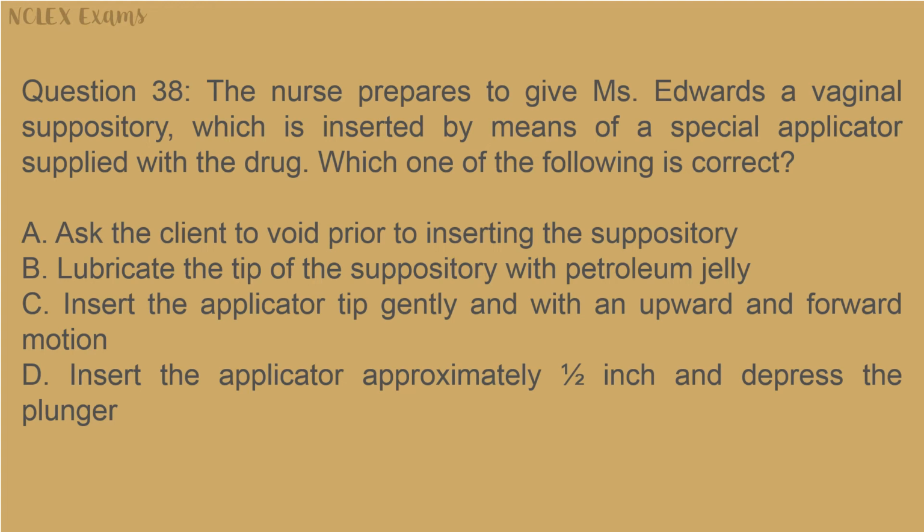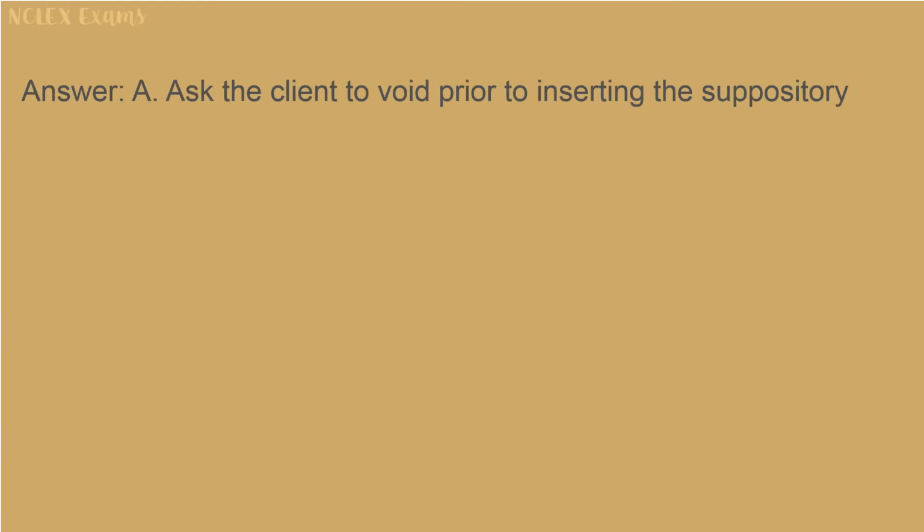C. Insert the applicator tip gently and with an upward and forward motion. D. Insert the applicator approximately 1/2 inch and depress the plunger. Answer: A. Ask the client to void prior to inserting the suppository.